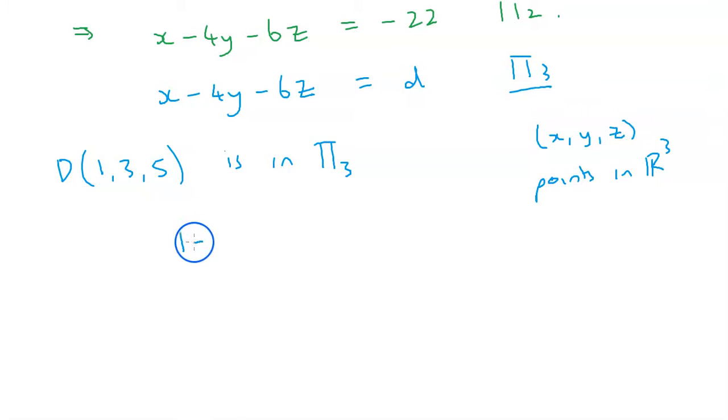So 1 minus 4 times 3 minus 6 times 5 is equal to d. So d is equal to negative 11 minus 30, so that would be negative 41.